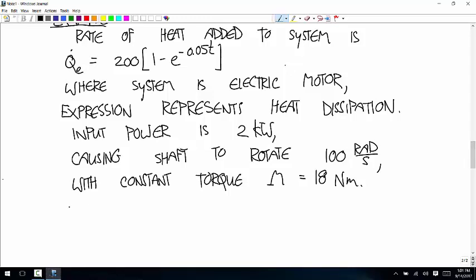Okay, so the question is, what's the change in energy of the motor over time? Since this motor isn't changing speeds and its potential energy isn't changing, this is just a change in internal energy.